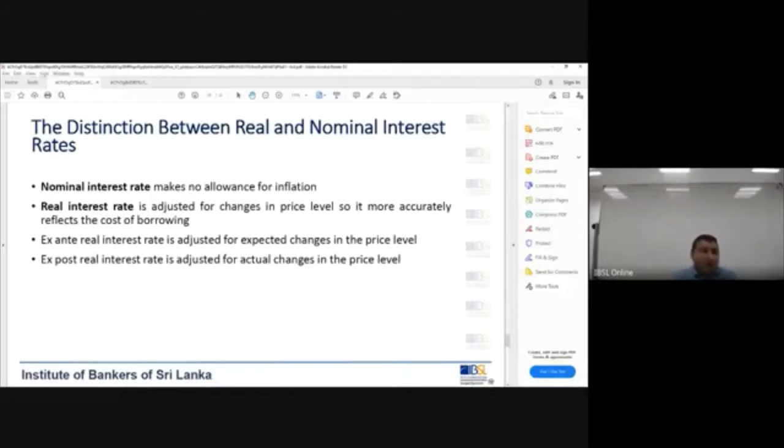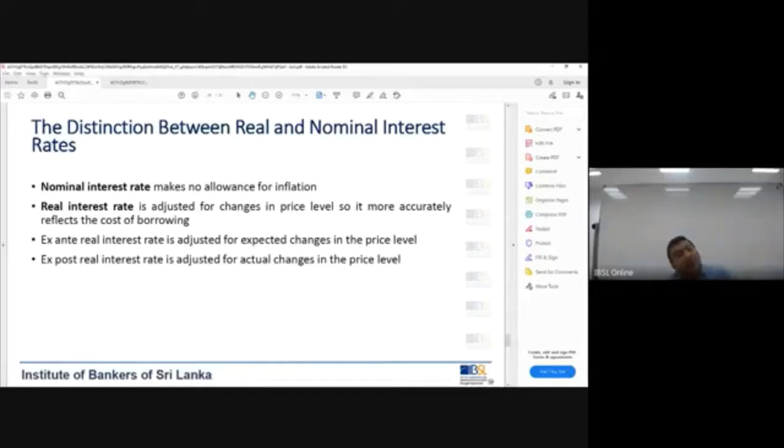Okay, so ex ante, before next year happens, today itself I look at it from the perspective of an 8% nominal interest rate and a 5% expected inflation, and I will conclude my real interest rate ex ante is 3%. Ex post is after the event. Ex ante before the event, ex post after the event.